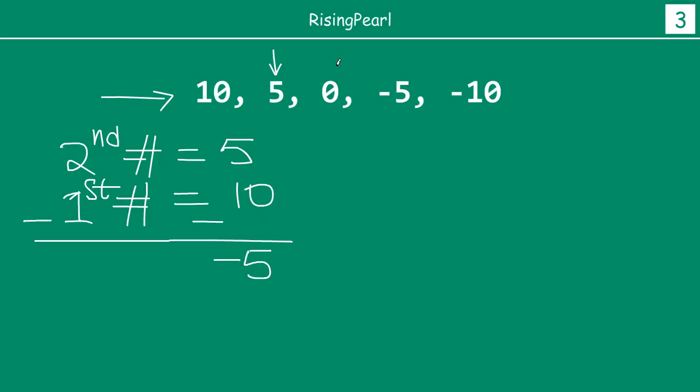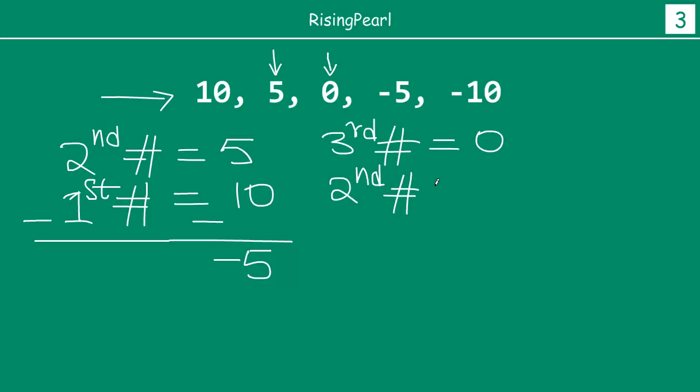5 minus 10 is minus 5. This is interesting. Let's take the third number. Our third number is 0, and we subtract the second number from the third number. So 0 minus 5 is minus 5.